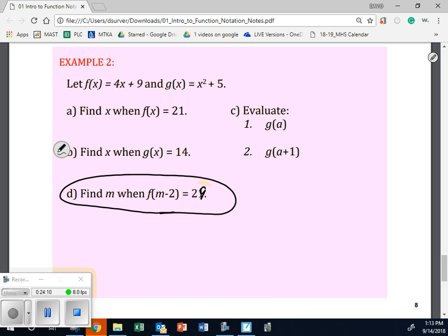That's 29 now. f of m minus 2 equals 29. If you're lost on this, start by saying y is 29.